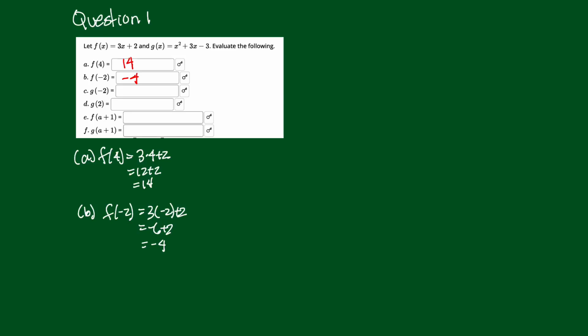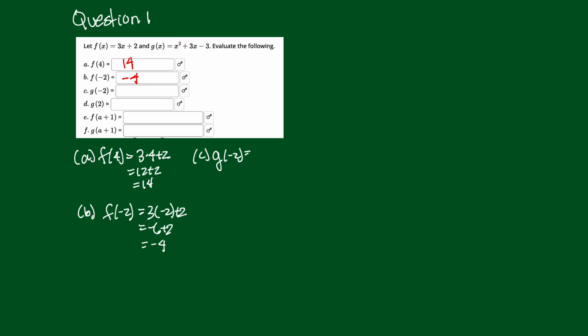Now part C. In part C, we now want g of negative 2. So locate the function named g. Now g is this one right here, this quadratic, x squared plus 3x minus 3. And you can see that that x has been replaced with negative 2. So look at your expression, replace all the x's with negative 2. So I'll get negative 2 squared plus 3 times negative 2 minus 3.